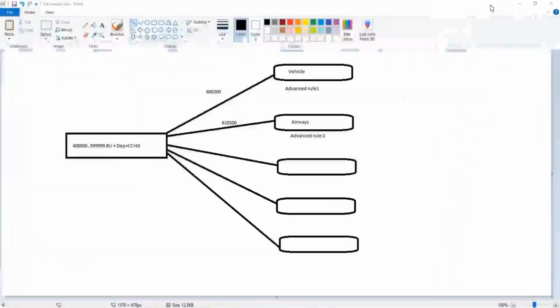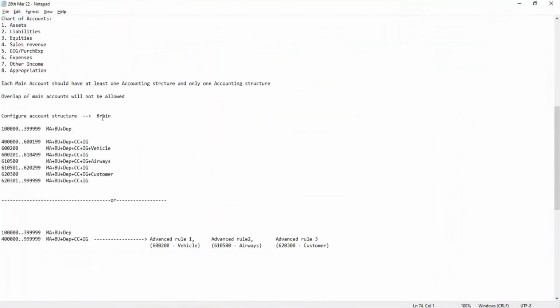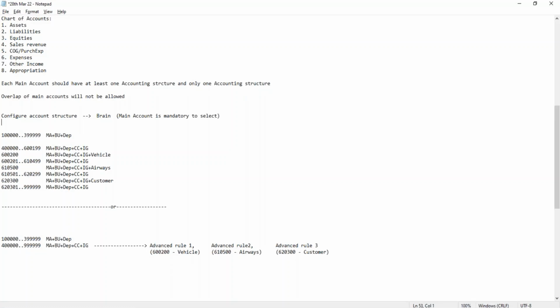So in the accounting structure, main account is a must. Main account is mandatory to select. In the advanced rule structure, you cannot select main account.